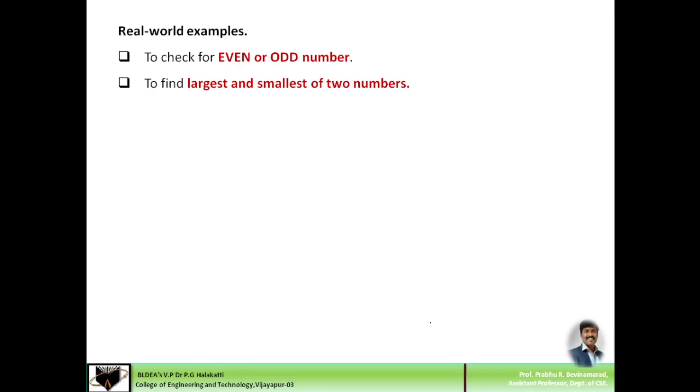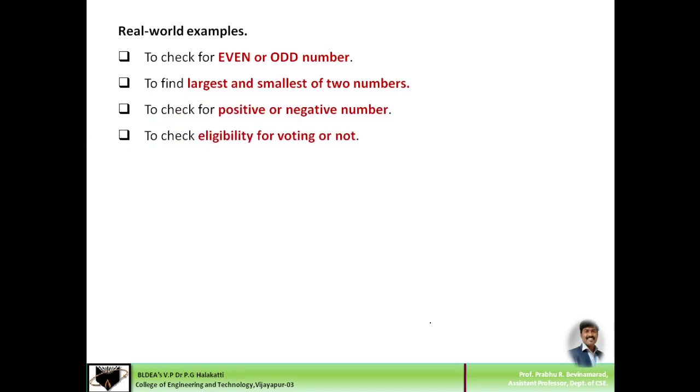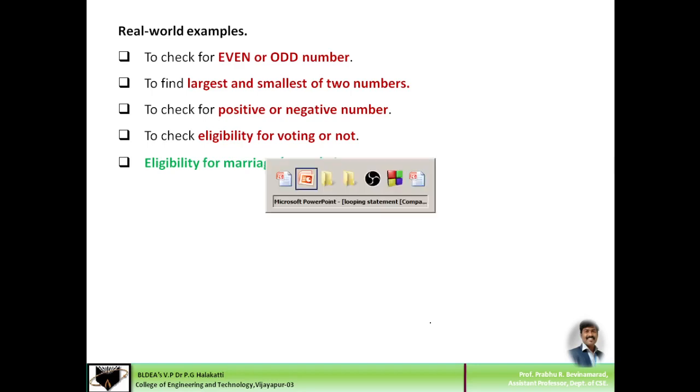Similarly, we use the if-else statement to find the smallest and largest of two numbers, to check positive or negative numbers, to check eligibility for voting or not, and we can also use it to check eligibility for marriage, exam, job, etc. So let us write a code to demonstrate whether the given number is even or odd using Code::Blocks.